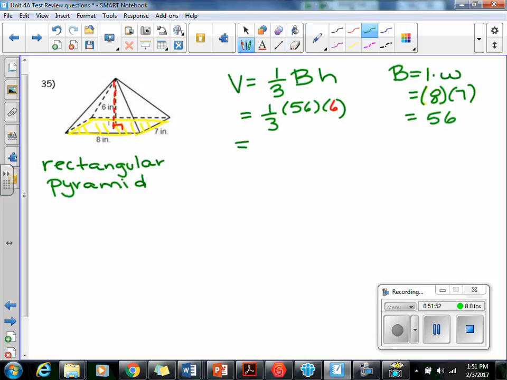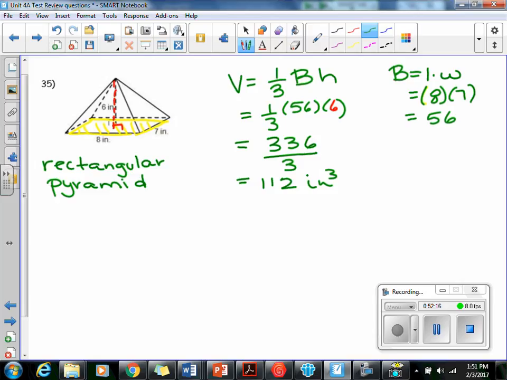If you multiply straight across the top, 56 times 6 is 336. And then you divide that by 3. 112 inches squared. Not squared, cubic. Okay. 112 cubic inches is your answer.